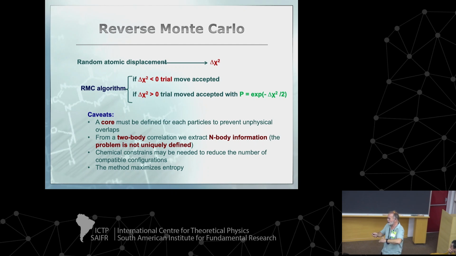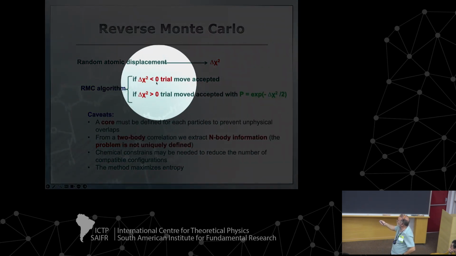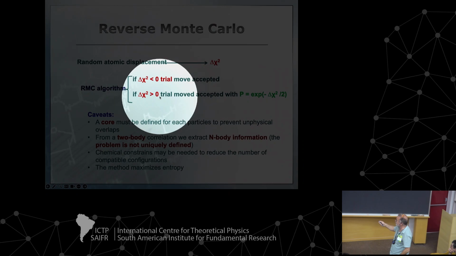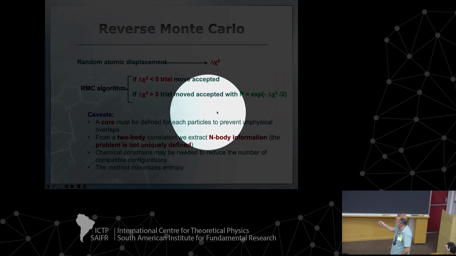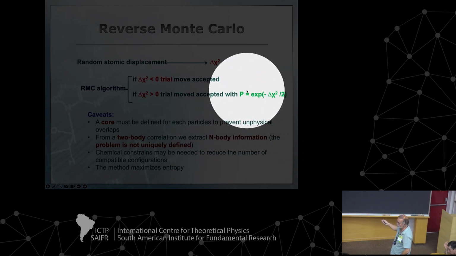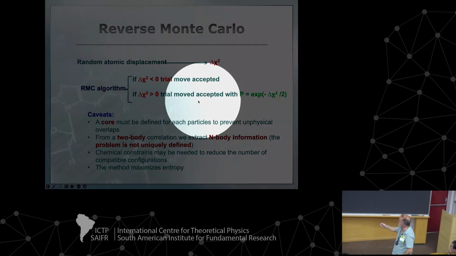So you start with a relatively high temperature and sample as much as possible, and then you start to lower the temperature. In the end, you may end up with 0 temperature. 0 temperature means that all moves that have this greater than 0 are rejected. Because 0 temperature, that's 0 here. All these probabilities, okay.